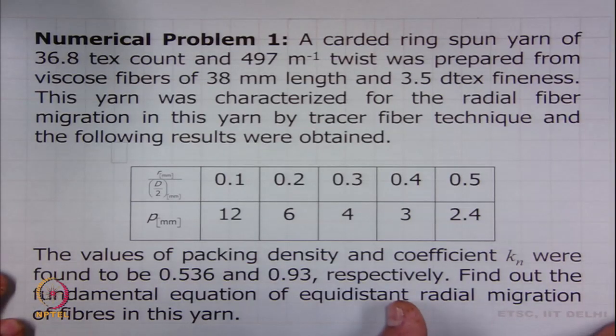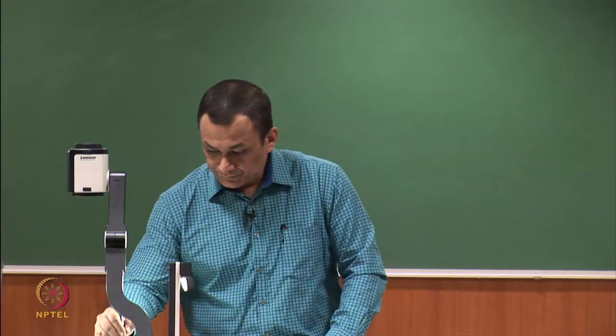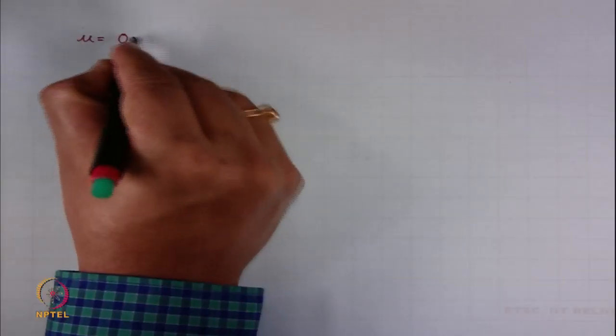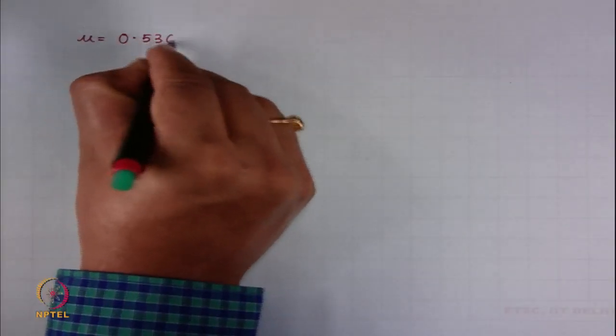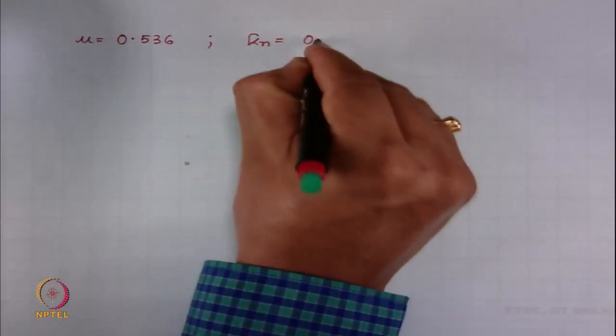So, let us solve this problem. What is given is mu, 0.536, and coefficient Kn is given 0.93.